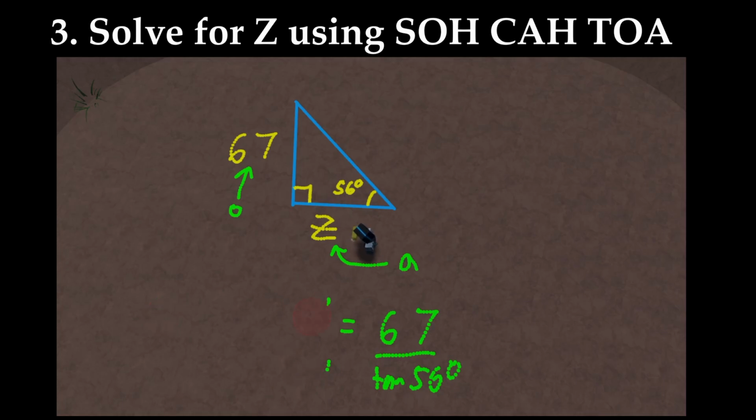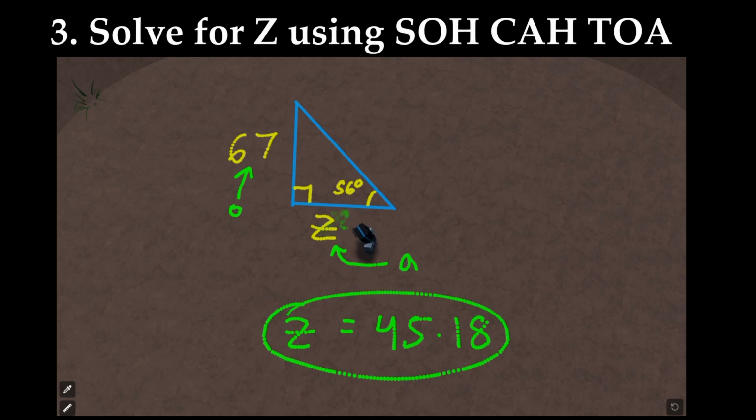And if you do that, we're going to get that z is equal to 67 divided by tangent of 56. So now just put tangent of 56 degrees into your calculator, and you should find that it's equal to 1.483. Now just do 67 divided by 1.483. If you do that, you'll find that z is equal to 45.18. And that is our answer to this problem.